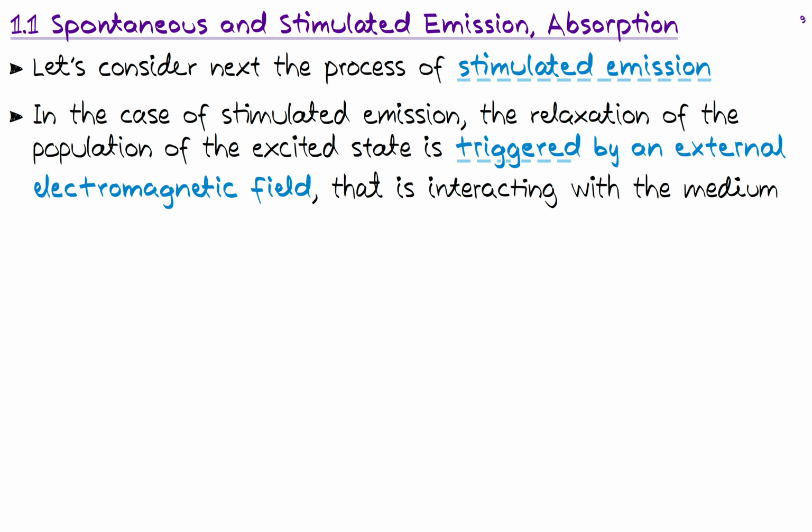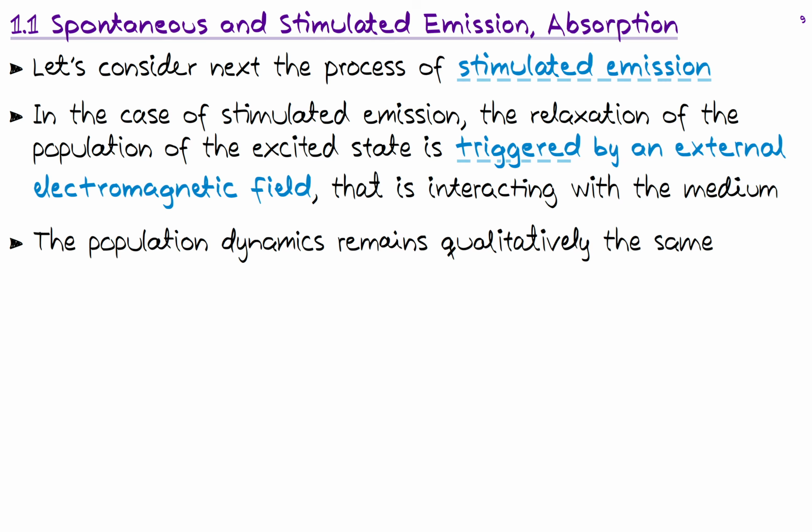This triggered external electromagnetic field interacts with the medium, giving rise to an emission process. We are really interested in population dynamics in what follows in our course, because that gives us a tool to write equations to understand the laser dynamics and the lasing action. The population dynamics, the differential equation, is basically the same as before. So we are looking at the time derivative of the excited state population N2. And now we are looking at the stimulated emission process.